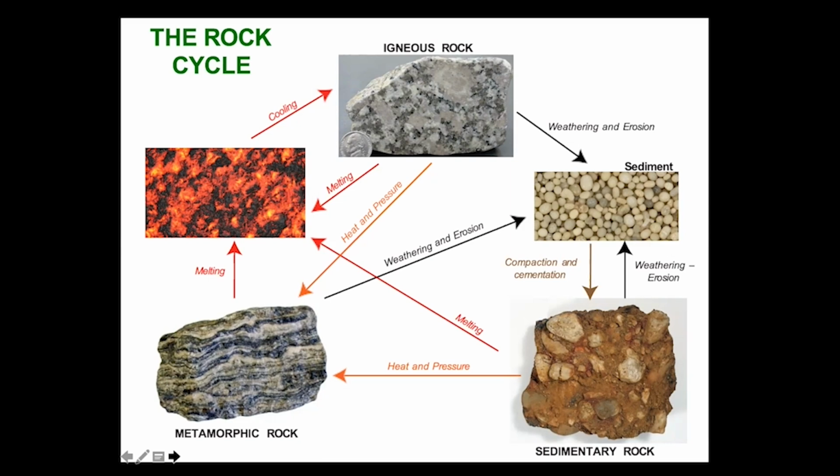But also remember that there are smaller circles within that. So, for example, form a sediment, form a sedimentary rock, form a metamorphic rock, but then you may get weathering and erosion that takes you back to the sediment. So there are sub processes going on within this general cycle.